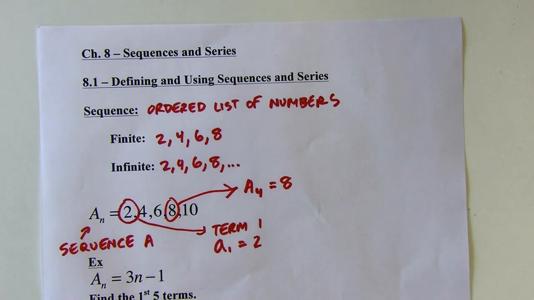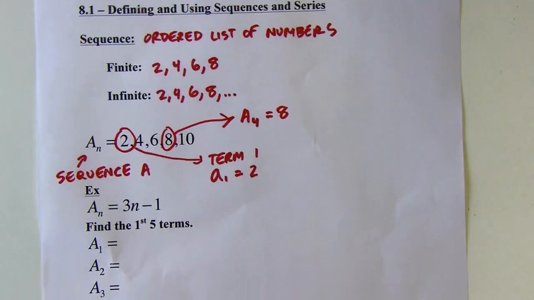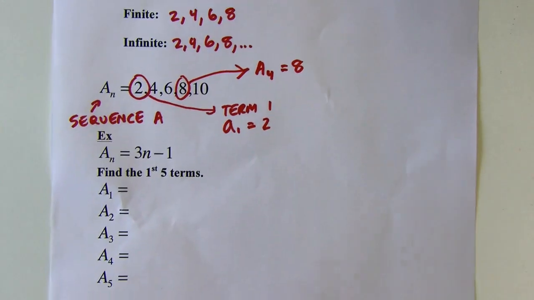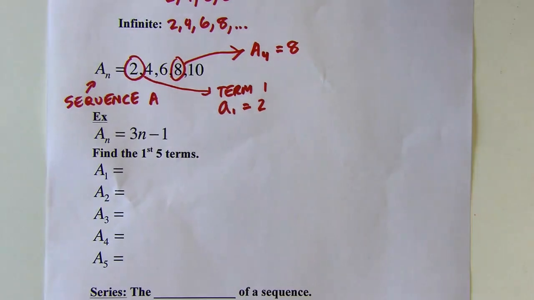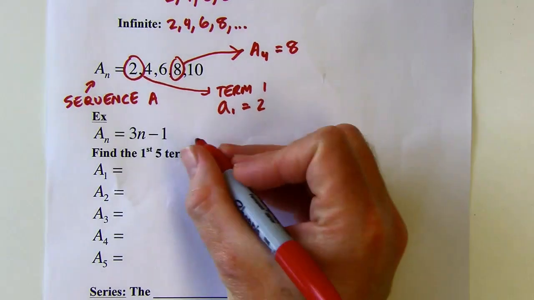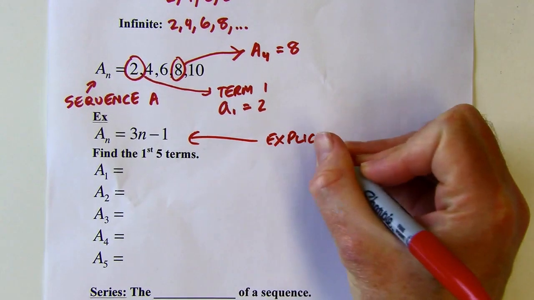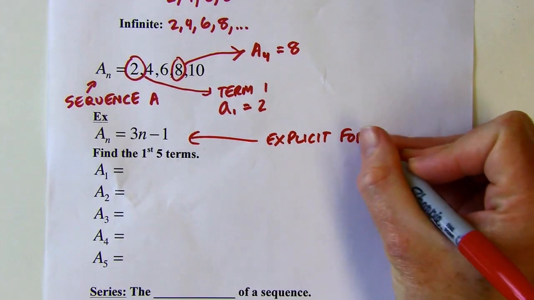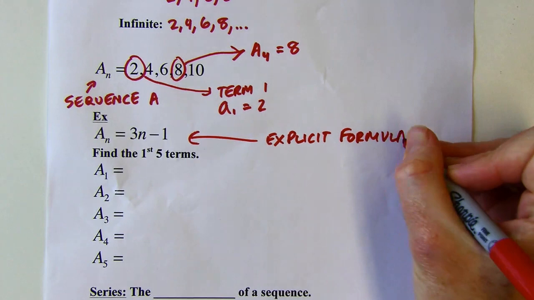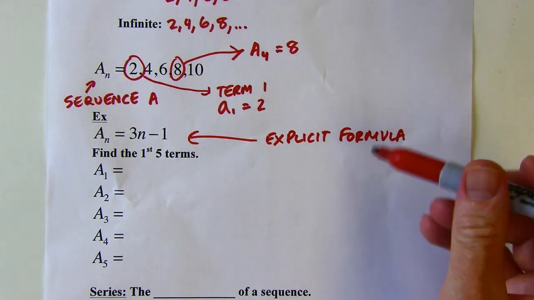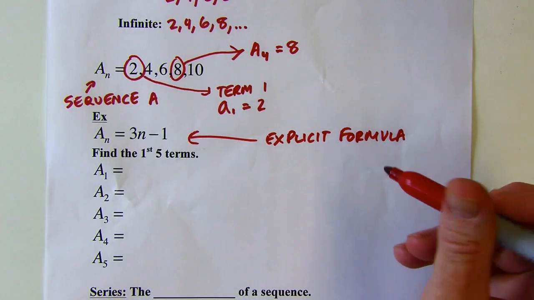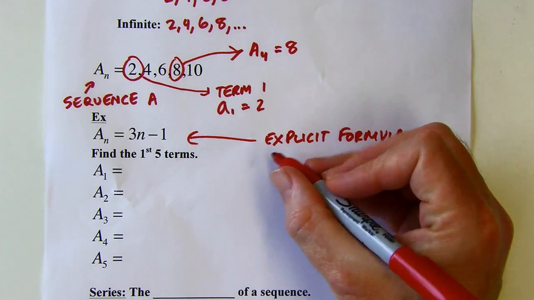All right, so next up, we're going to find the first 5 terms of sequence A here, okay? So this is called an explicit formula. And that just means that you plug in the term number to find the term values.